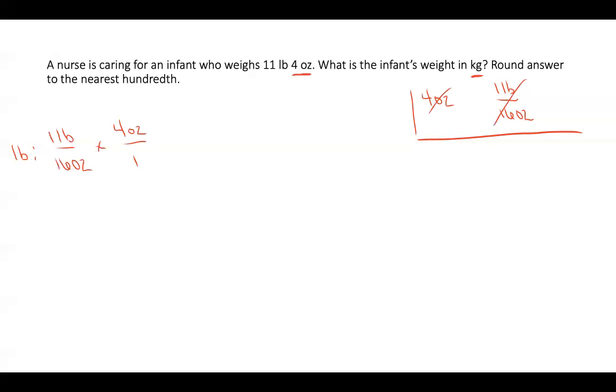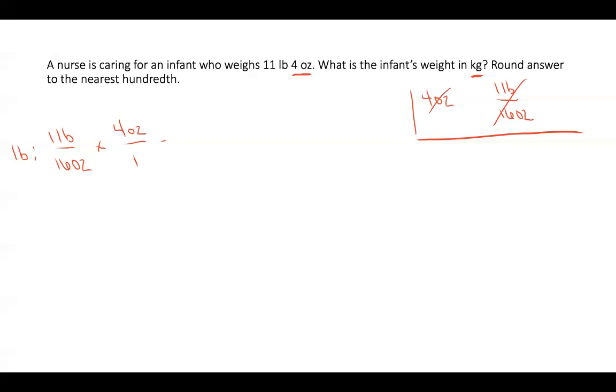Once I've used everything in my box, I need to cancel like units of measure and see what I'm left with. Don't skip this step. This step will tell you whether or not you have completed setting your problem up. That's another mistake I see a lot of students making, and it ends up creating a problem for them because then they don't set the problem up correctly.